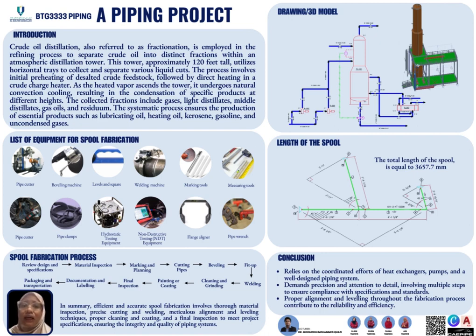We then cut the pipes to the required lengths, ensuring precise measurements and clean edges for a seamless fit. Fifth, beveling comes next, shaping the pipe ends to the specified angle and length. This step ensures robust joints and better welds.